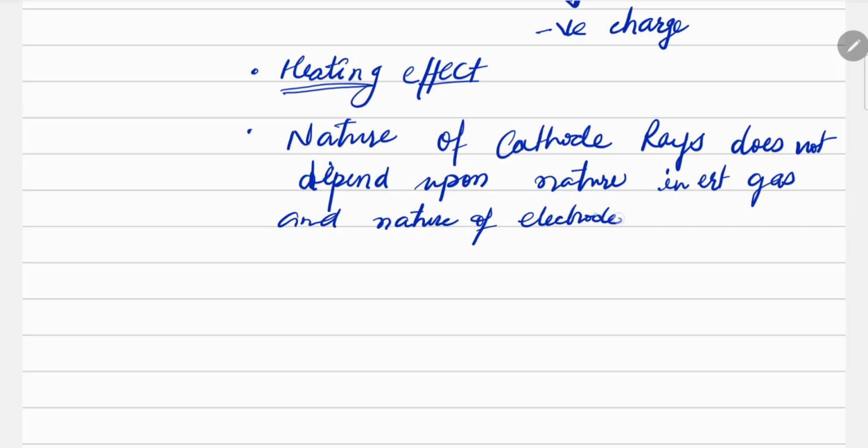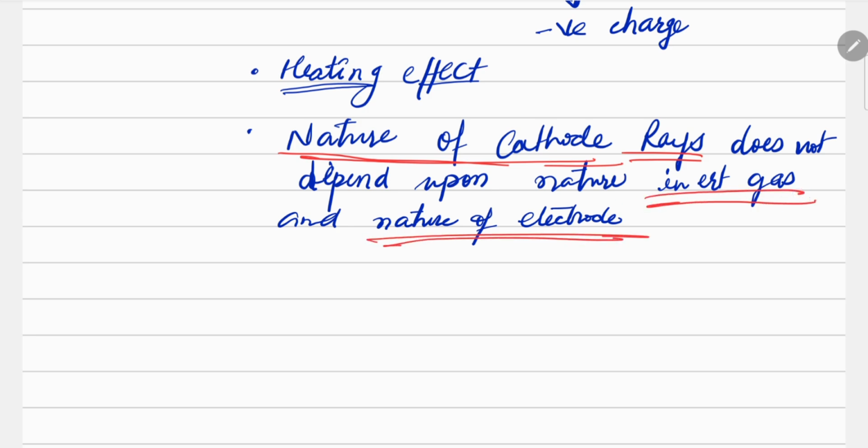Whatever electrode you take, it does not have any impact on the nature of the cathode rays, whether they are different or not. It does not depend upon the nature of the inert gas or the nature of the electrode. So these were the few properties we got to know about it.